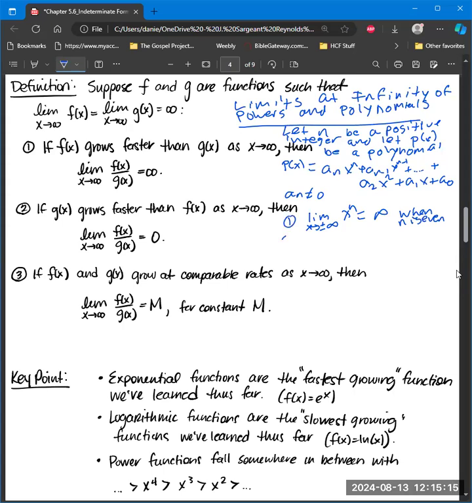So that's point 1 here, point 2, the limit as x goes to infinity of x to the n equals infinity, and the limit as x goes to negative infinity of x to the n equals negative infinity when n is odd.